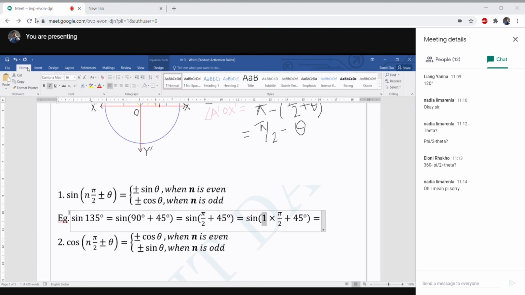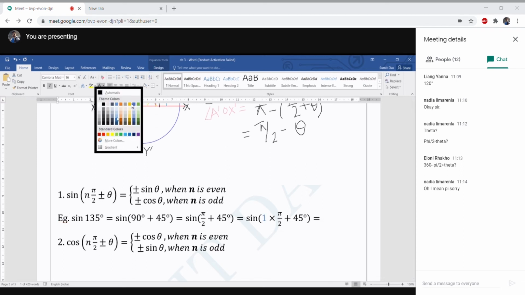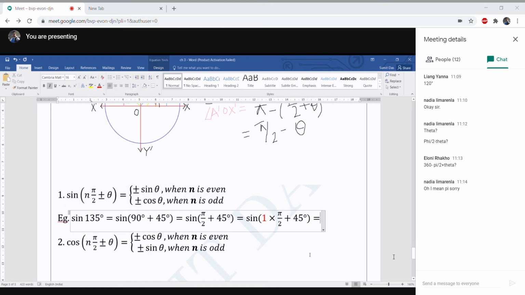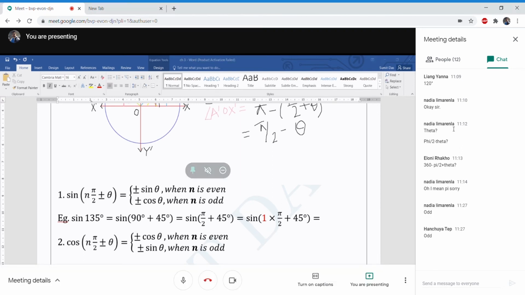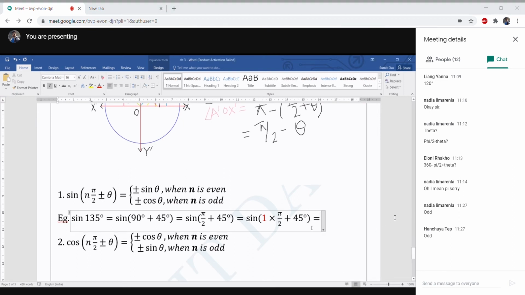Anyone from the chat box, please let me know. 1 is even or odd? Yes. So what will be the value of this here?